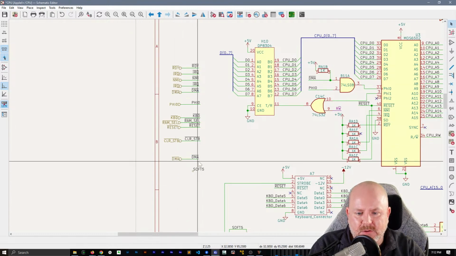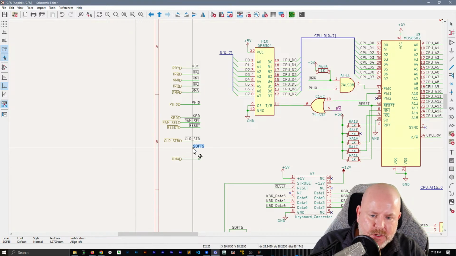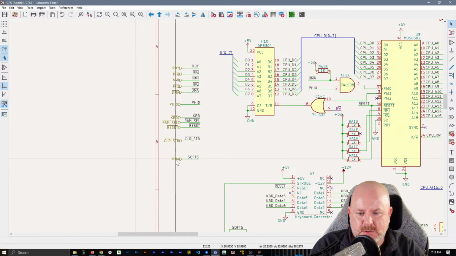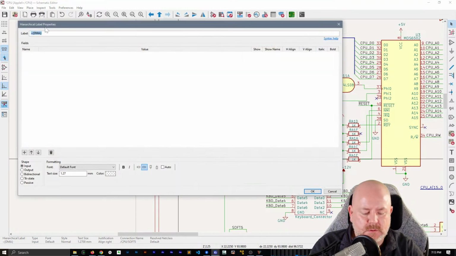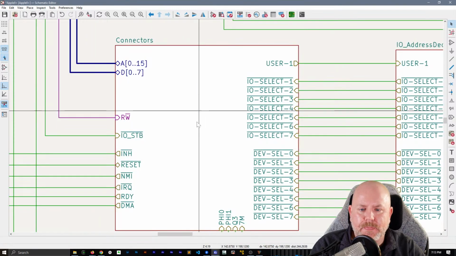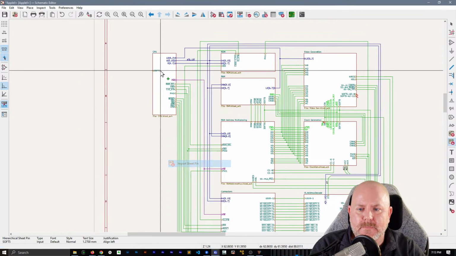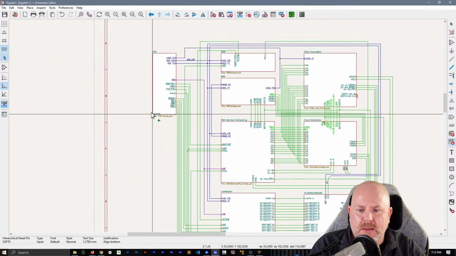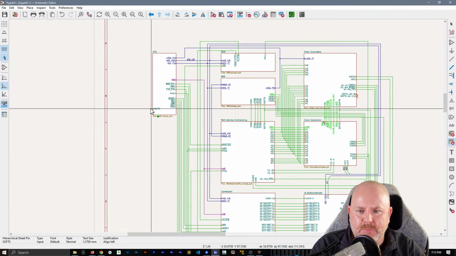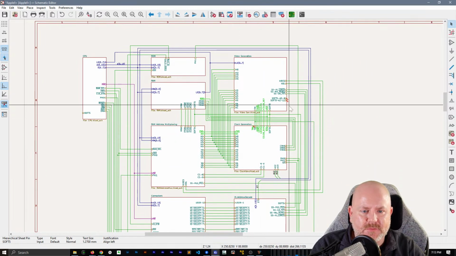The problem is I don't know, so there must be an input to this page. All right, where are we at? We're in CPU. And I'm just going to put this over here for the moment, because where is the nearest soft 5?